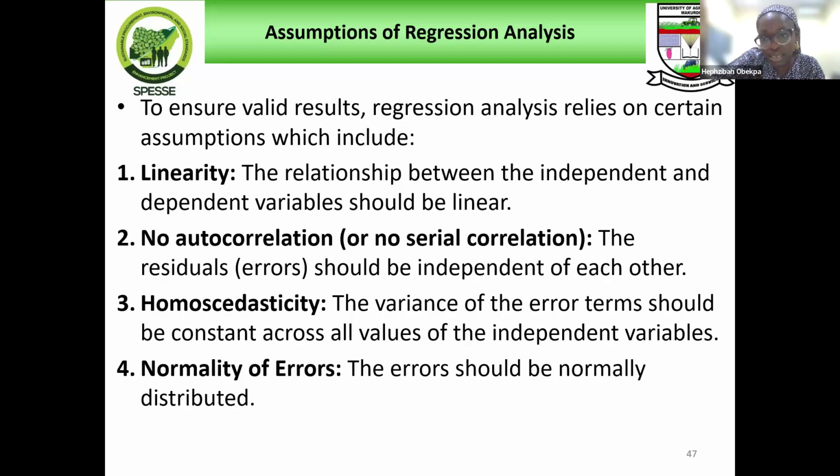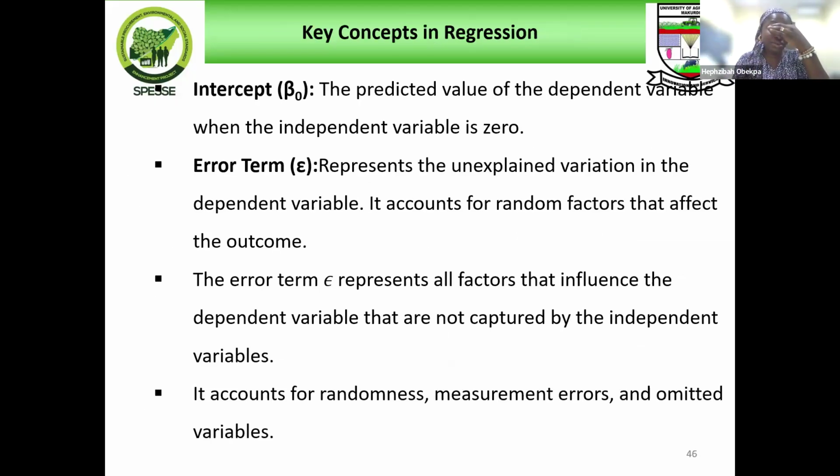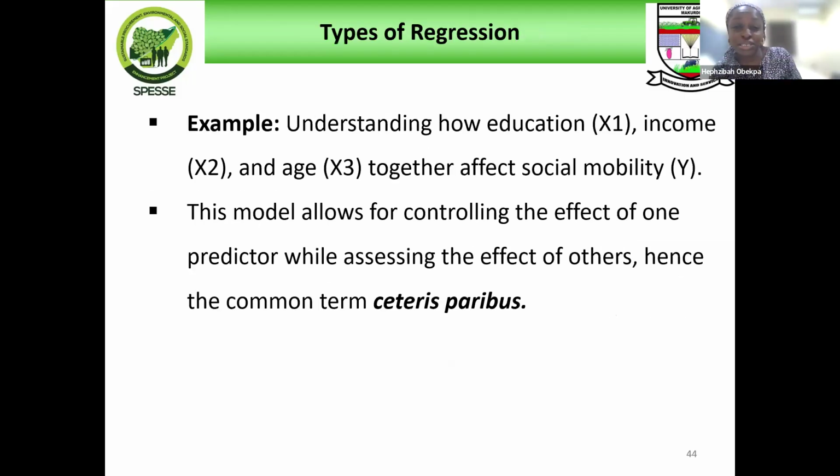From a scatter plot, remember what we said earlier in the correlation. Once you see a pattern, you'll be able to decide whether it is linear or non-linear, or whether there's no relationship at all, right? There are other things you can use if the relationship is non-linear. But if you want to use regression, for example, in the example we gave, we're looking at the effect of education, income, and age on social mobility.